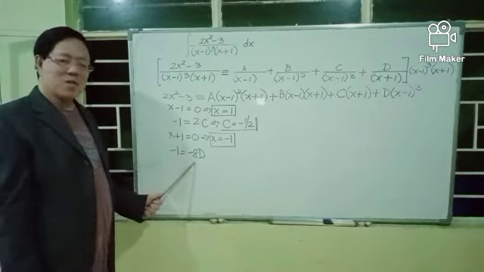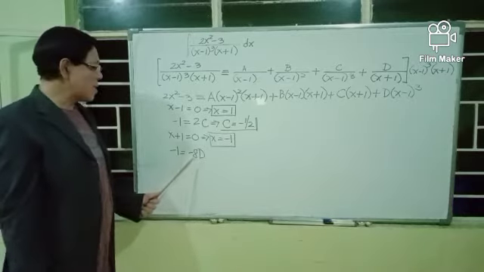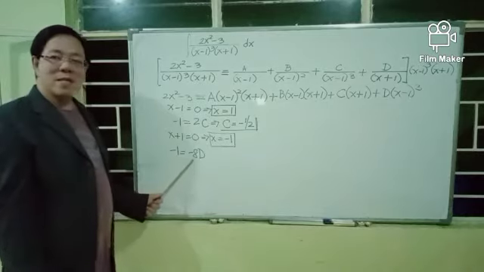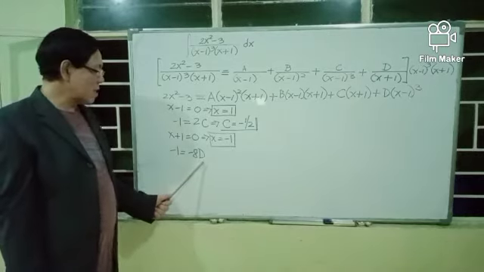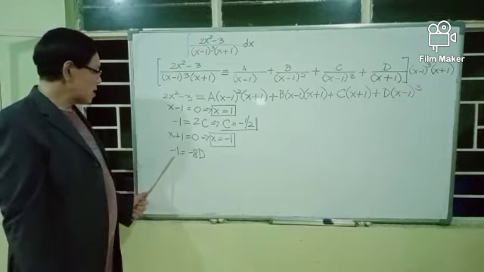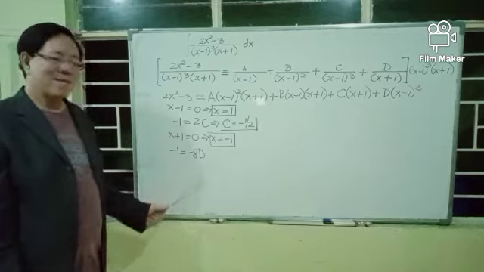And from this equation, negative 1 equals negative 8d, we can solve for d by dividing both sides by negative 8. Negative 1 equals negative 8d implies that d equals positive 1 over 8. Negative 1 divided by negative 8 is positive 1 over 8.